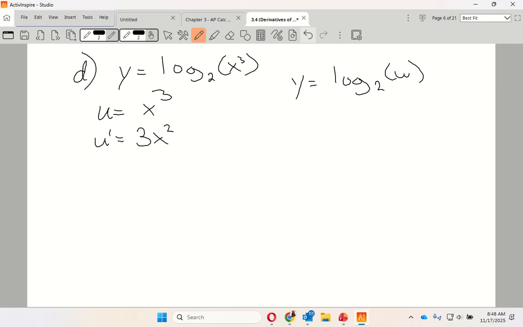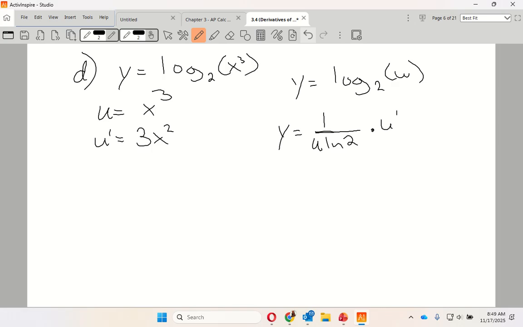Alright, my derivative, use that formula. y prime equals, someone help me out. 1 over x, over what? 1 over 2 ln of u, right? Ln. I heard it, what? 2, very good. Times 3x squared, or my u prime.